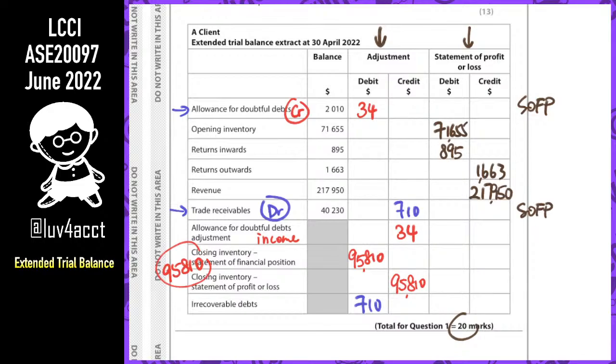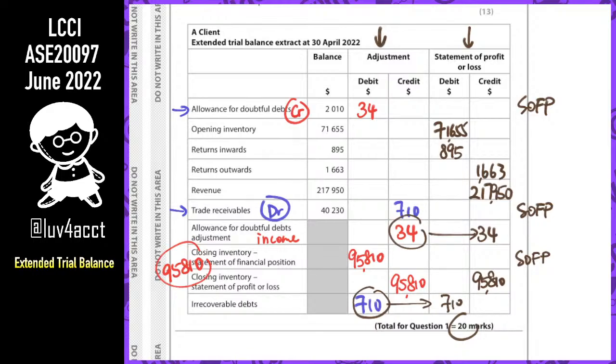So it will not appear in this column. Allowance for doubtful debt adjustment, this time it is. Credit, go to credit, you don't need to think. Closing inventory, statement of financial position, already mentioned here. And then statement of profit or loss, closing inventory 95810. Irrecoverable debt, debit side, go to debit side 710, finish.